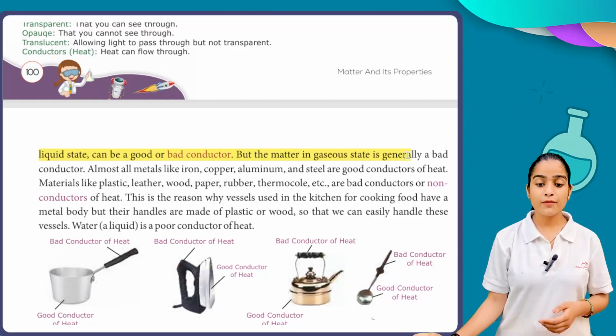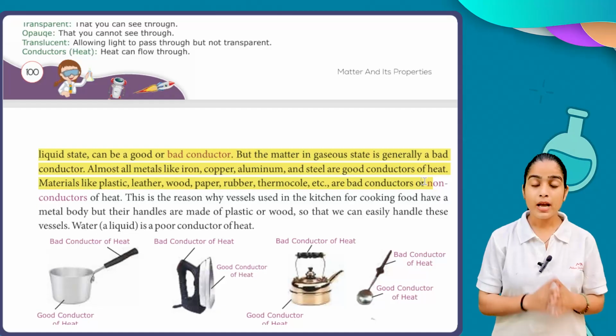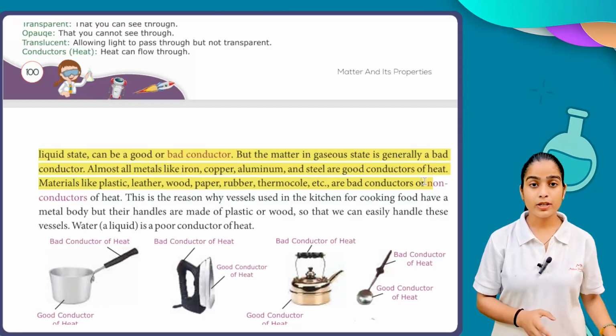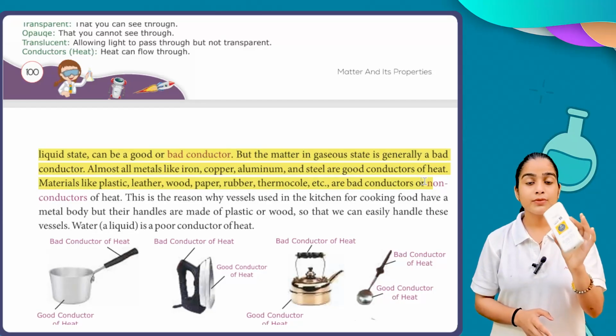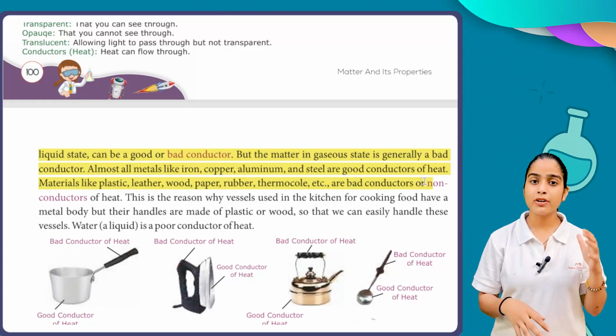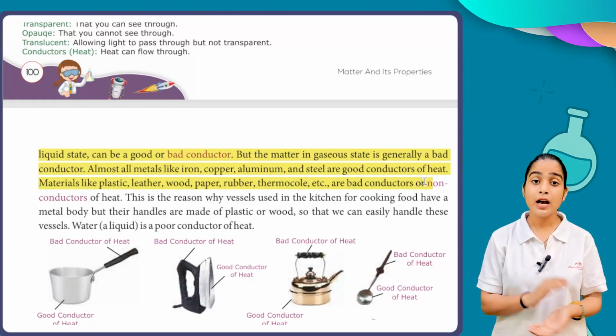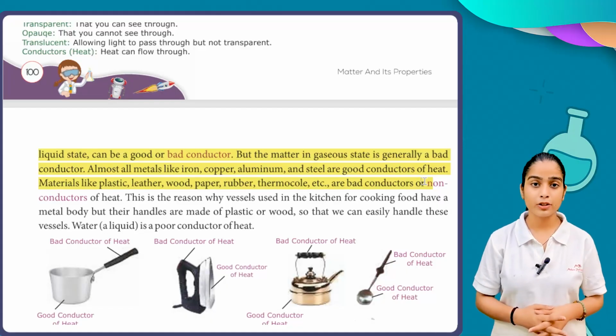So what we have to understand here is that materials which can pass heat through them are referred to as good conductors. For example, this plastic cannot pass heat, so it is referred to as a bad conductor. Some solids and some liquids have good or bad conduction quality, but the gaseous form is always a bad conductor of heat.